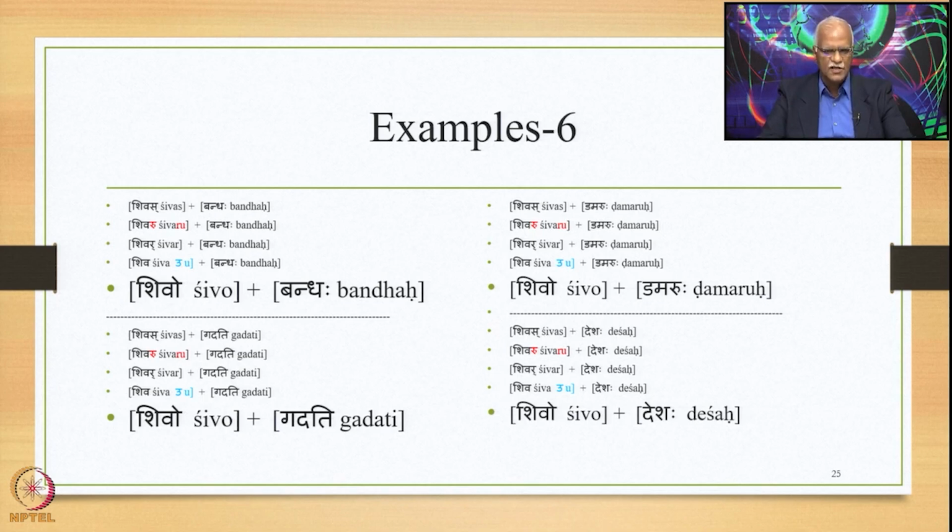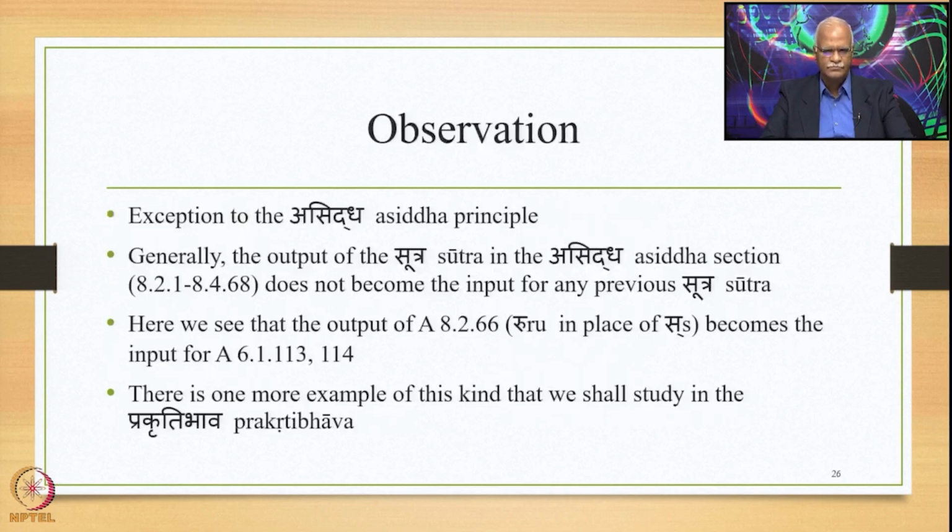Shivas plus Gadati is the next example. The same derivation process happens and we get Shivo Gadati as the finally derived output of the sentence. Then Shivas plus Damaruhu, and we get Shivo Damaruhu as the output. And finally Shivas plus Deshaha, and the output generated is Shivo Deshaha. In all these examples, the sutra Hashicha plays an important role.